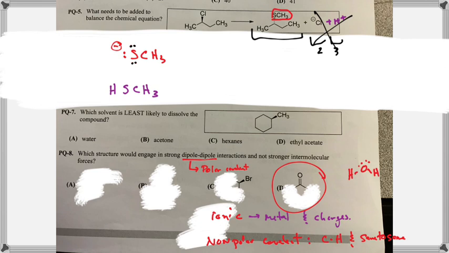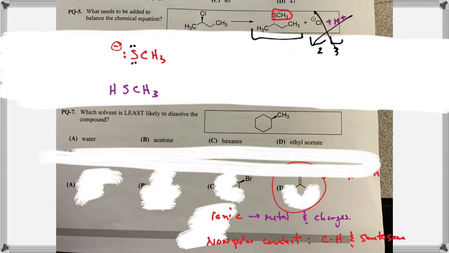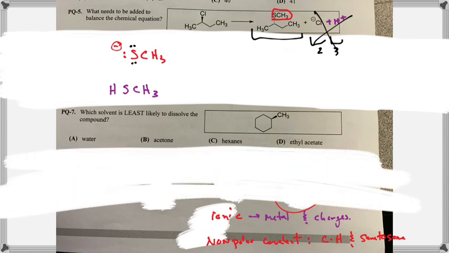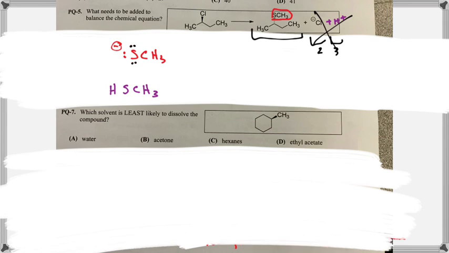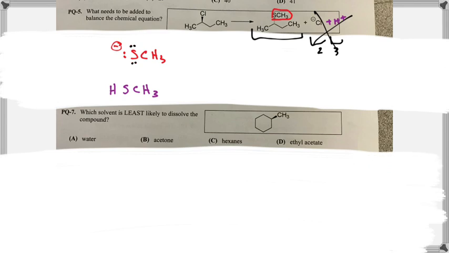Question 7. Which solvent is least likely to dissolve the compound? Okay. This is going to bring in a whole layer of extra pieces. If we're talking about dissolve, what are we referencing? Solubility. And what's our rule for solubility?